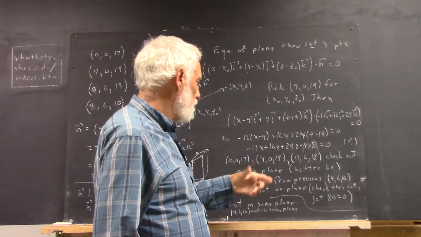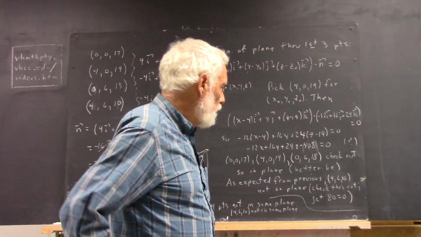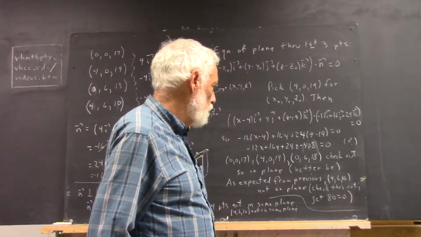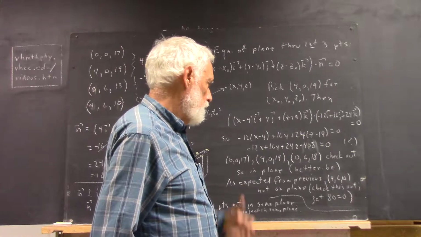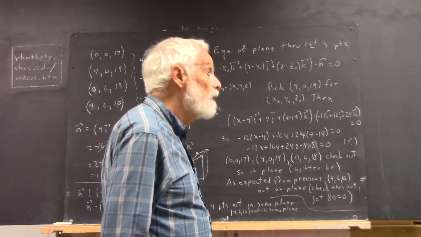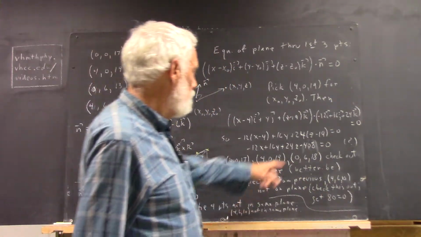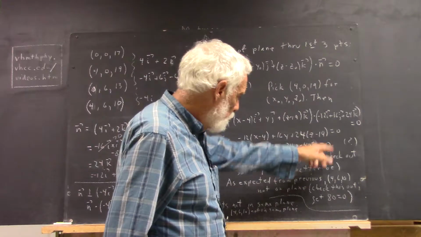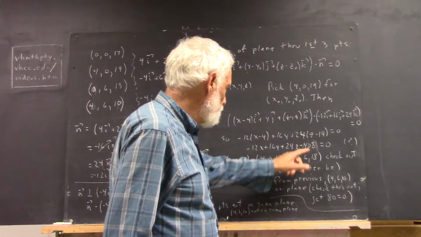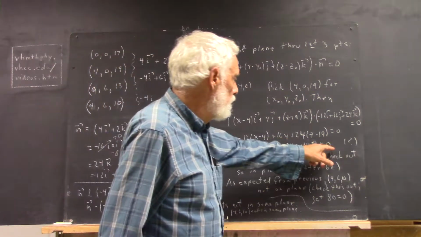Negative 12 times negative 4 is 48, and 24 times negative 19 is negative 456. Subtract the 48, and we get negative 456 and 48 gives us negative 408. Okay, so this is the equation of the plane.